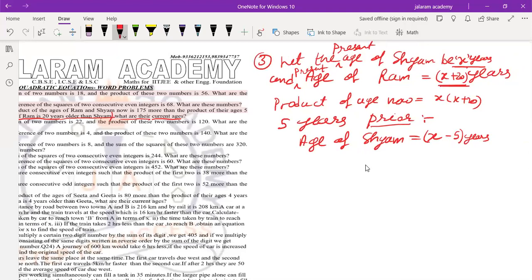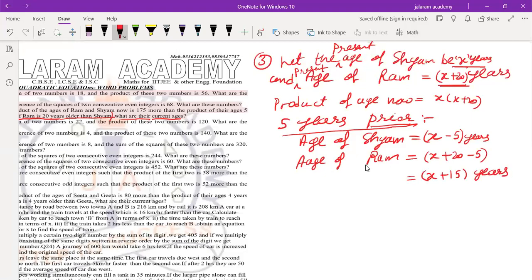So the age of Ram 5 years prior, which we have to find, is X plus 20 minus 5. What will be the value of X plus 20 minus 5? 20 minus 5 is 15, and X remains X. Write inside the bracket, X plus 15 years.